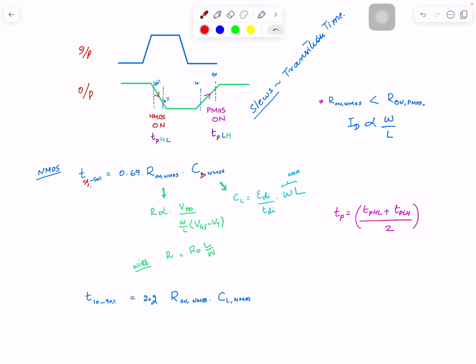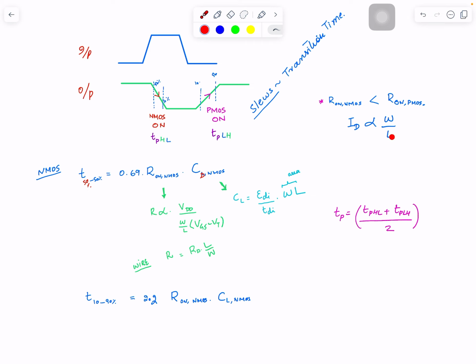If you keep the width and length of PMOS and NMOS exactly the same, you end up with something like this, where PMOS offers more resistance, so it has more transition time and eventually more delay. So in order to make their resistance equal, you make PMOS wider than NMOS and keep the length the same.